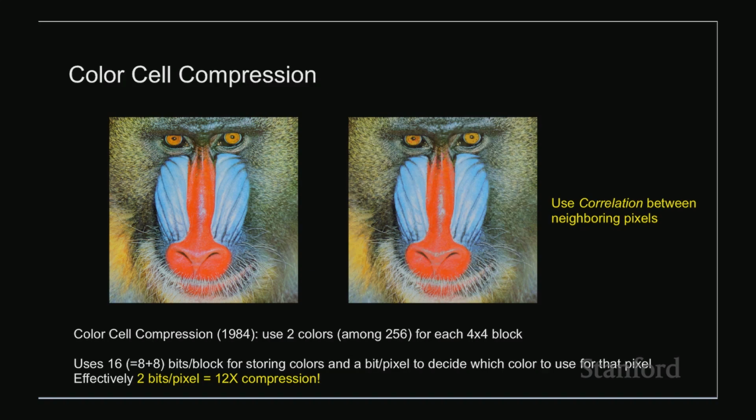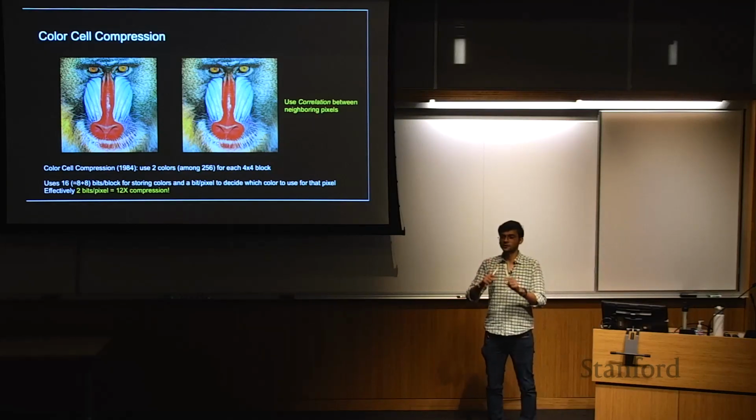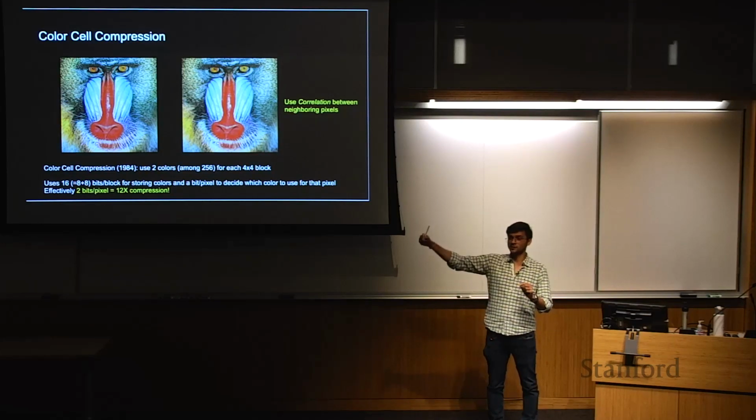The idea is that it effectively gives you 2 bits per pixel. That's because for each 4x4 block, we first need to store the 2 colors for that block. So you need 16 bits per block. But then we also need a pointer to tell us which color each pixel belongs to.